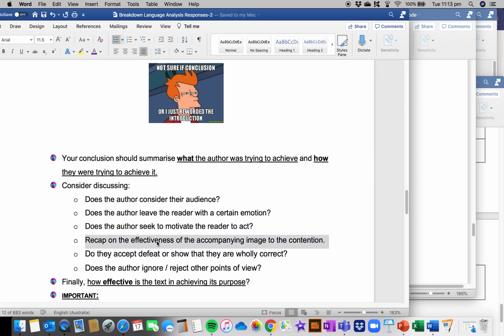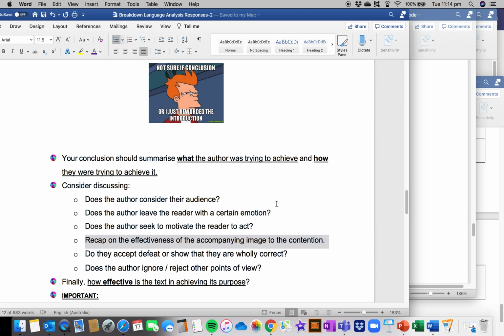And then you need to recap on the effectiveness of the accompanying image if you feel like you haven't already done that. Okay, so as I mentioned, you do talk about the image in relation to one of the arguments. You only need to really mention the image once in the intro, and then just connect it to one of your arguments.